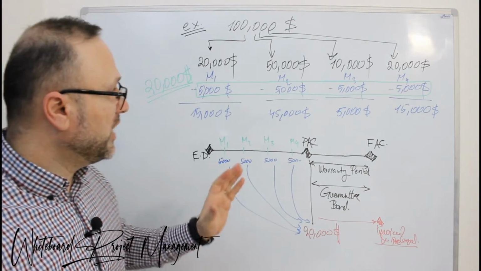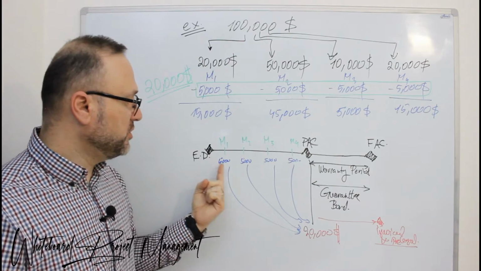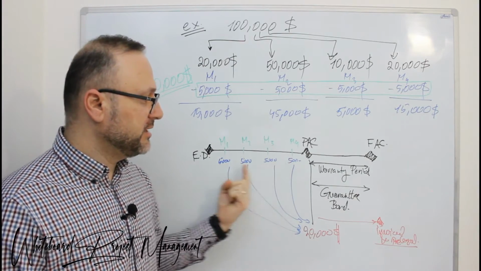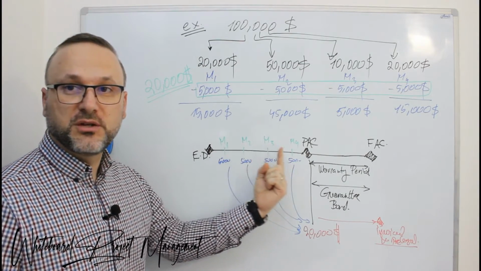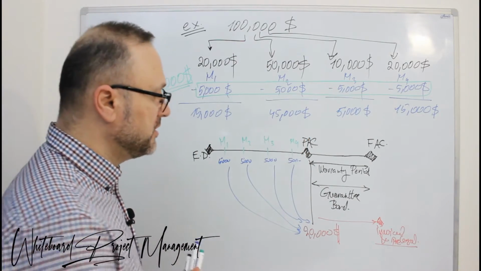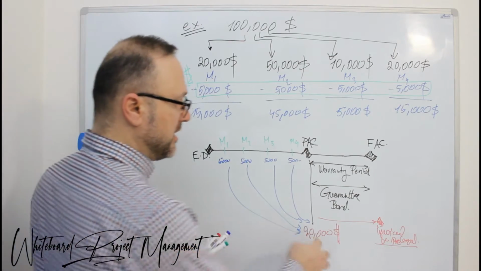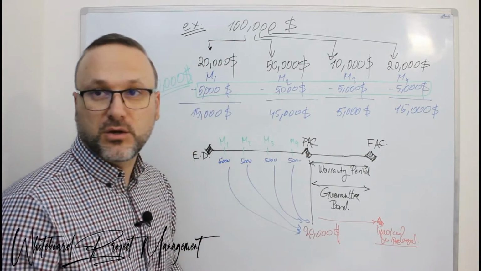There is another way where the client will say, okay, I will not deduct from you the percentage or the fixed amount from each milestone, but I will mention one payment milestone at the end of the contract.